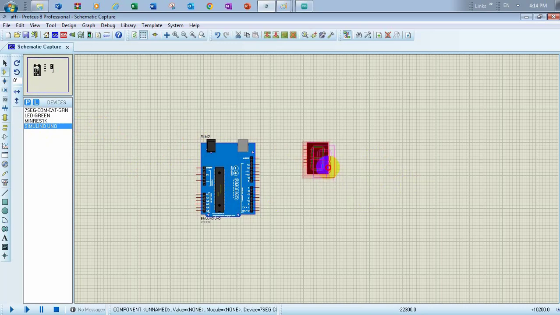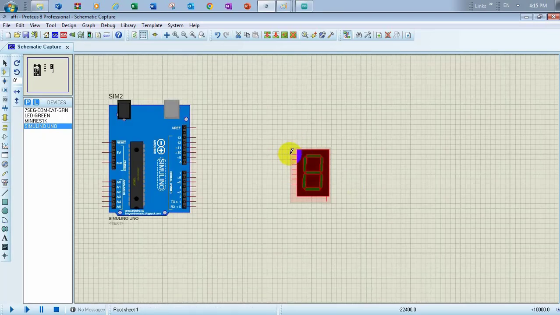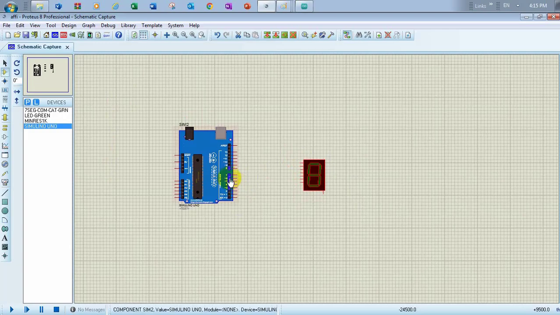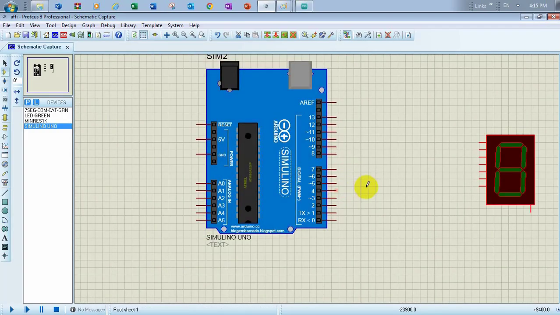We link this 7 segment display to the Arduino, to these pins of the Arduino.